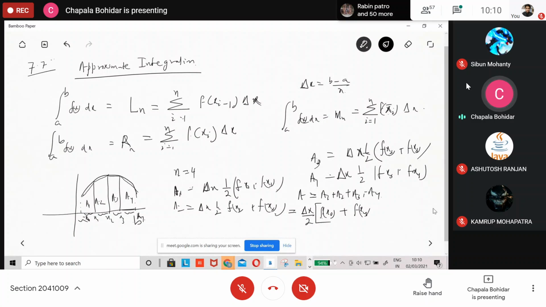Then you see, here also f(x1), here also f(x1). So it is twice. So 2 multiplied by all the other values. You see, f(x2), here also f(x2), so twice. f(x3), here it is f(x3). So it is twice of f(x1) plus f(x2) plus f(x3).